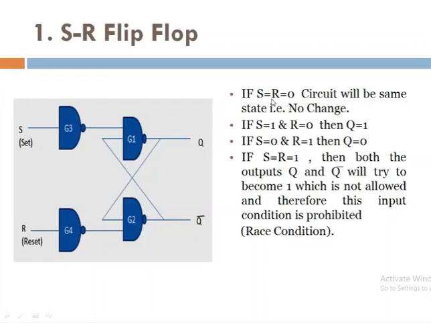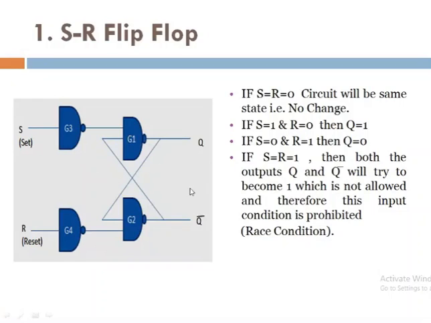If S is equal to R is equal to 0, then the circuit will be in the same state, that is no change. This is because both NAND gates G3 and G4 receive a 0 input, so you are getting the 1 1 output from G3 and G4.